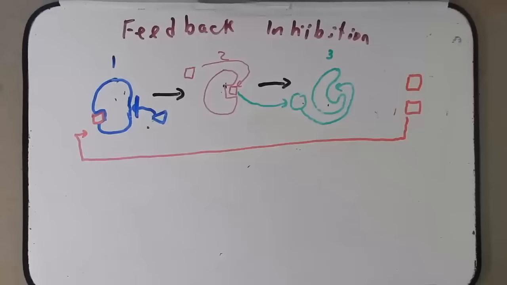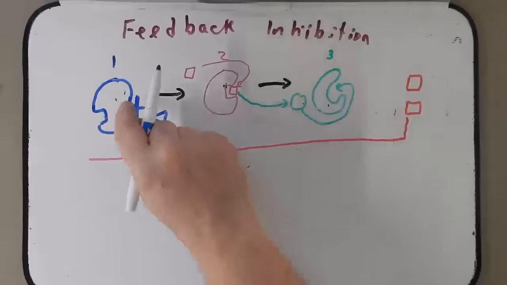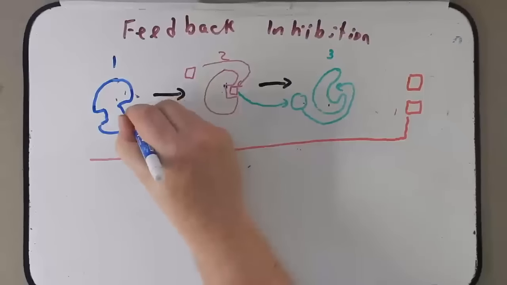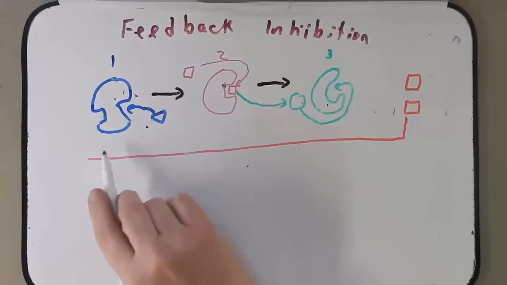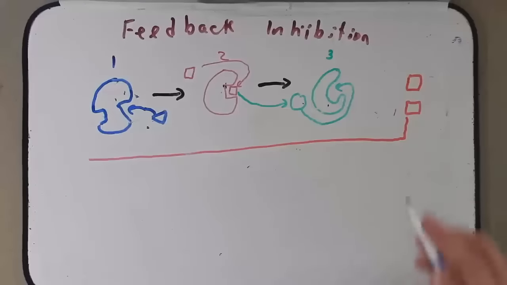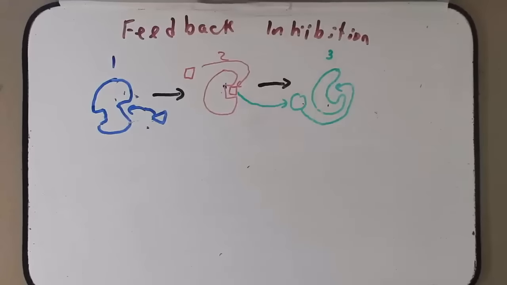And when that happens, it will no longer bind to this alternative site of enzyme 1, which will now, once again, open up this active site, and the pathway can be resumed until you get to the point where you have too much of the final product here. So again, this is called feedback inhibition, and it's a very common feedback mechanism we see throughout cell biology that you'll come back to time and again throughout your studies.